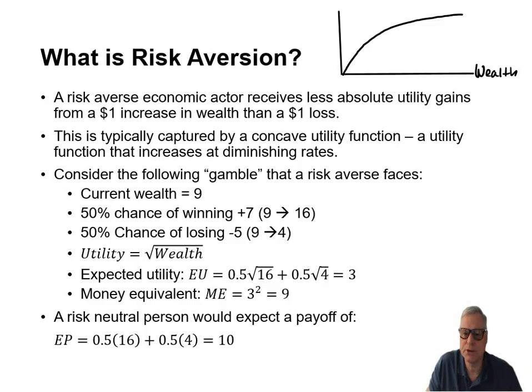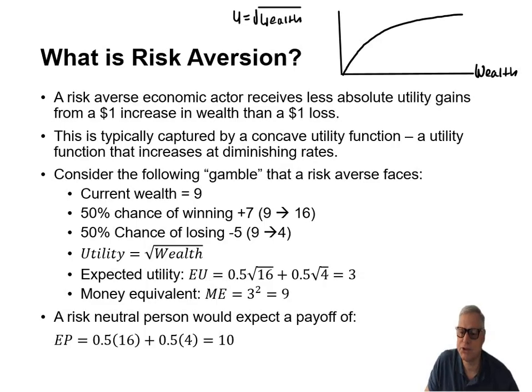So that means, okay, we have here the utility of wealth, which is like the square root of wealth. It could be also the log, but a very popular illustration is actually the square root of wealth.